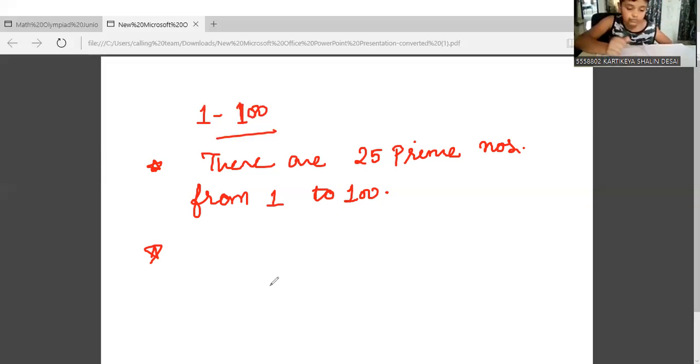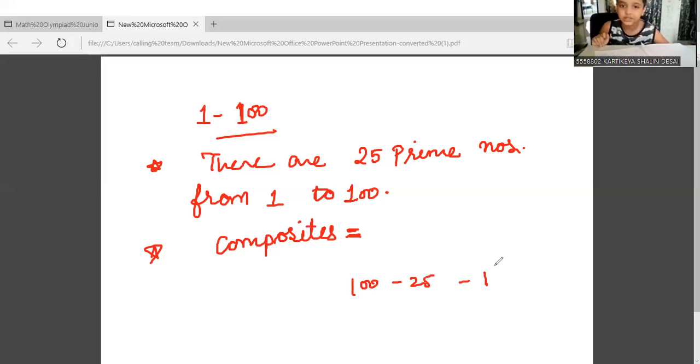So, Kartik, if there are 25 prime numbers from 1 to 100, how many composites are left from 1 to 100? There are 74. Very, very good. Please elaborate. 100 minus 25 is 75, but because 1 is not a composite or prime number, it is 74.